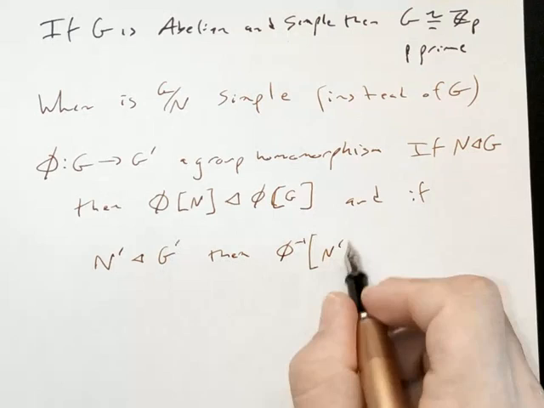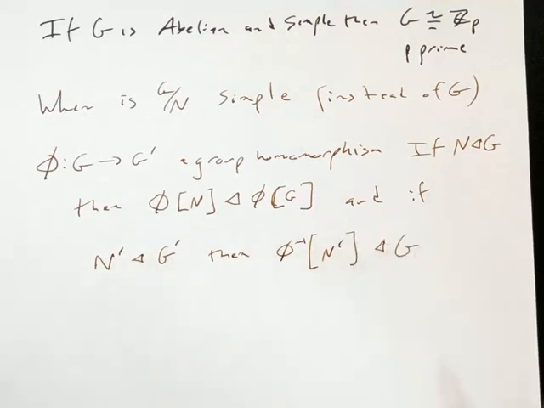In both directions. If I have a normal subgroup and I take the image, that's normal. If I have a normal subgroup in the range and I take its pre-image, that's normal.